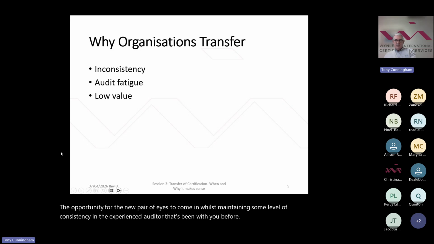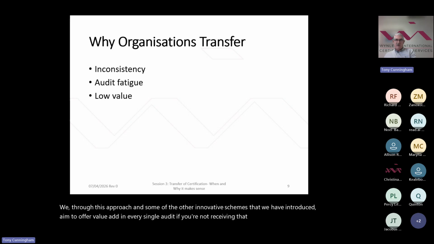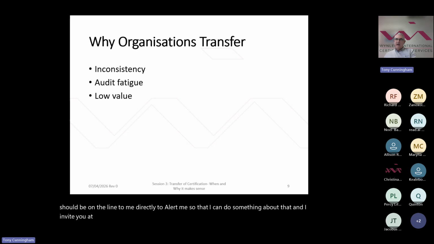We, through this approach and some of the other innovative schemes that we have introduced, aim to offer value add in every single audit. If you're not receiving that from our audits, you should be on the line to me directly to alert me so that I can do something about that. And I invite you at any time to do so.